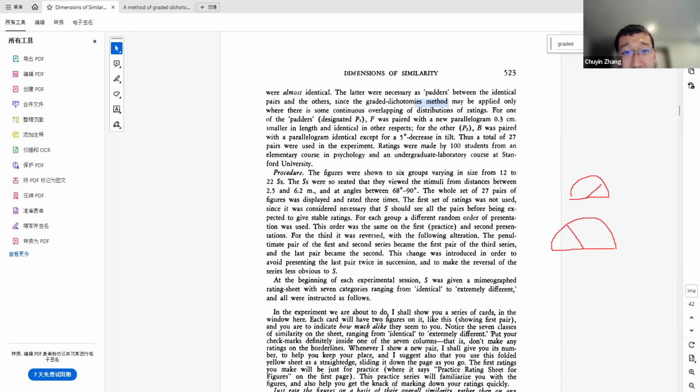No, not motion, just visual stimuli, and then some object maybe.